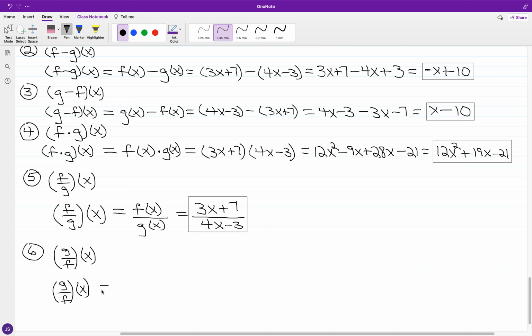So this will be g of x over f of x, and g of x we'll have as 4x minus 3, and for f of x, that is going to be 3x plus 7.